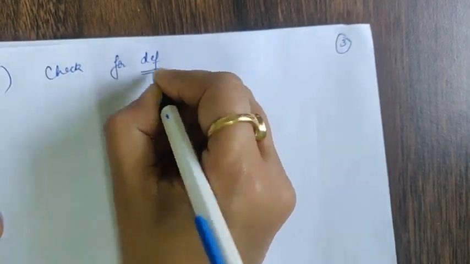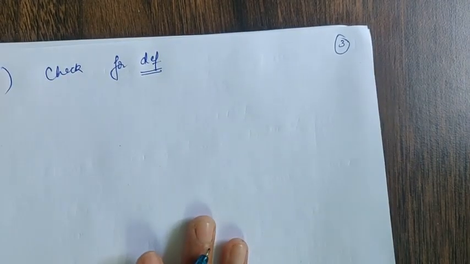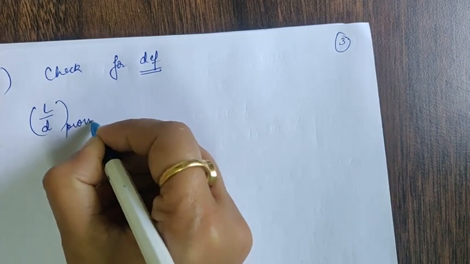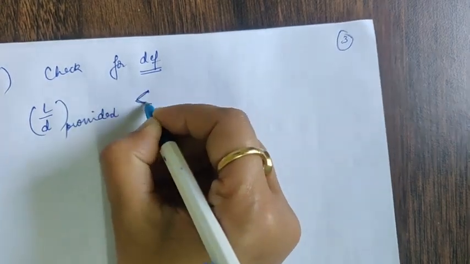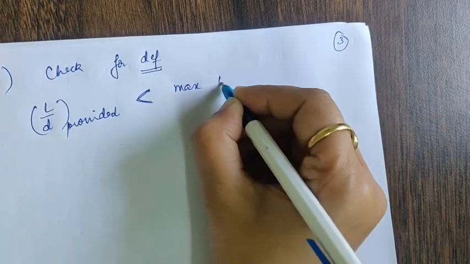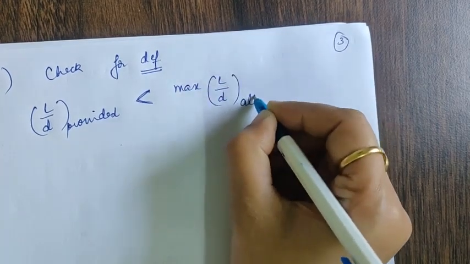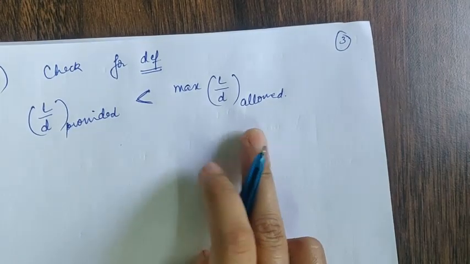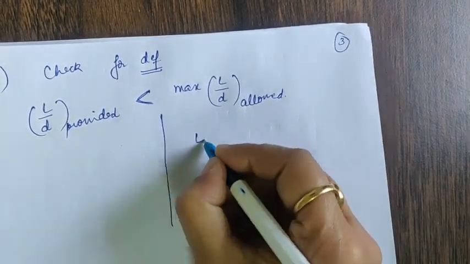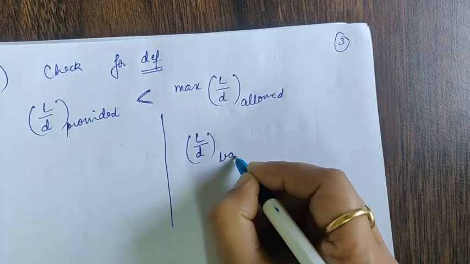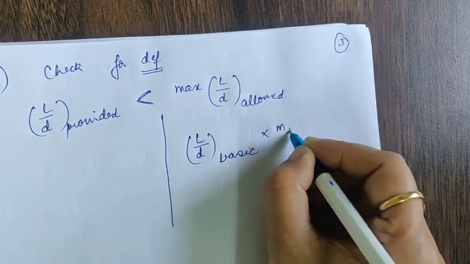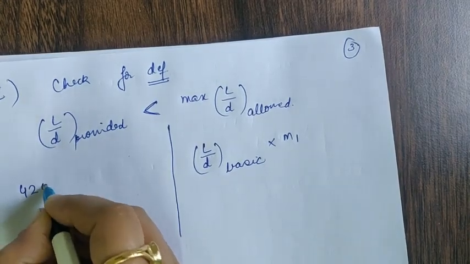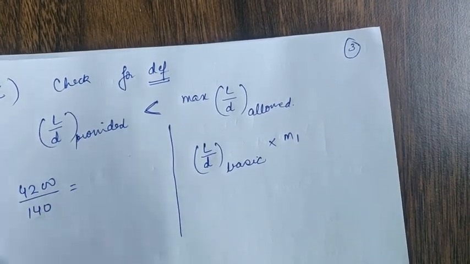We have already done this check a number of times. We will be seeing that L by D provided is less than maximum L by D allowed. Okay, and this L by D allowed, we used to get it by L by D basic into the modification factor. L by D provided is 4200 divided by 140.